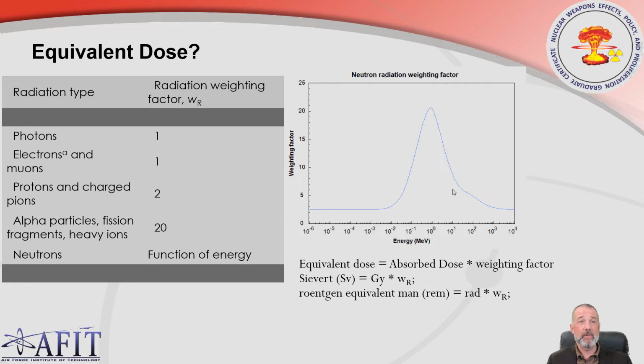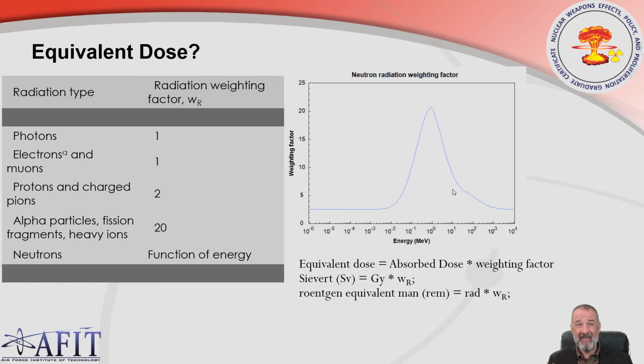So an absorbed dose translates directly to an equivalent dose. Electrons and muons, not something we really concern ourselves with, but they also have a weighting factor of 1. Heavier charged particles, well, protons are very specific because they have that charge of 1. These have a radiation weighting factor of 2.